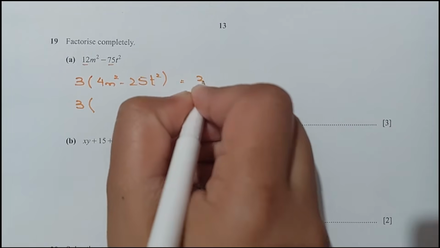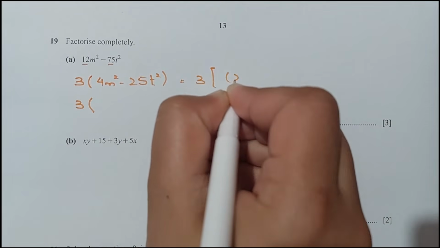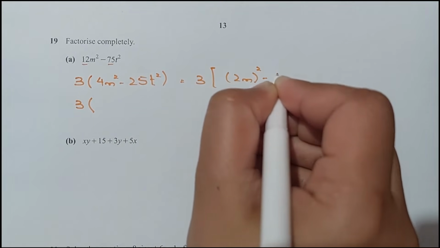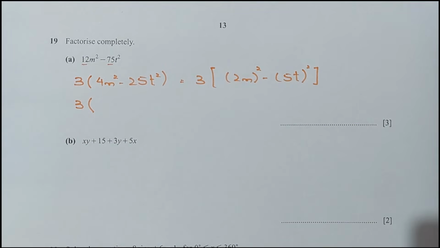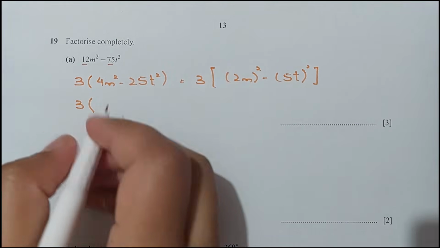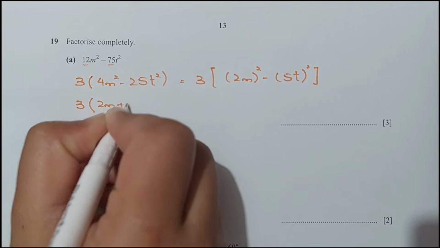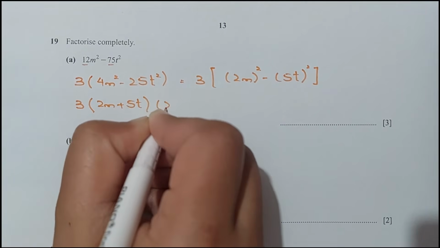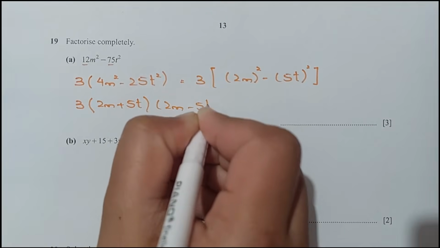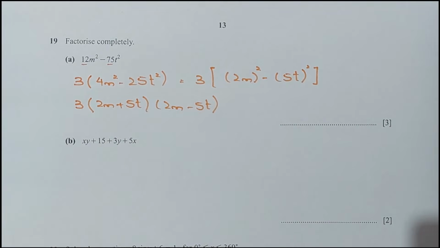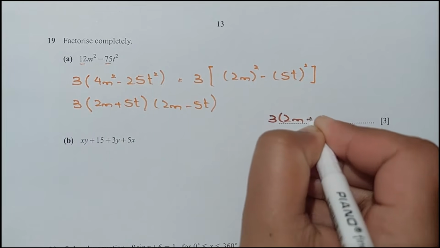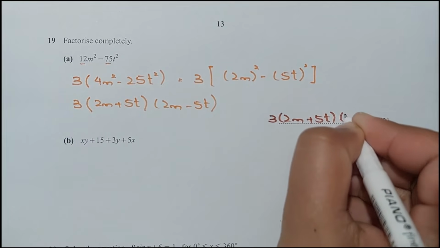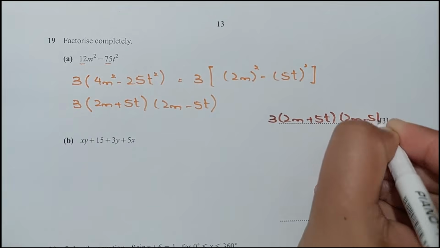We can write this down as 3 times (2m) whole square minus (5t) whole square. Difference of squares: a square minus b square is a plus b into a minus b. So 3 is a factor, 2m plus 5t and 2m minus 5t. This would be the solution.